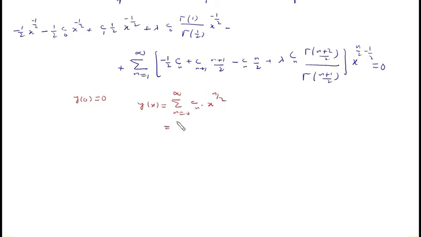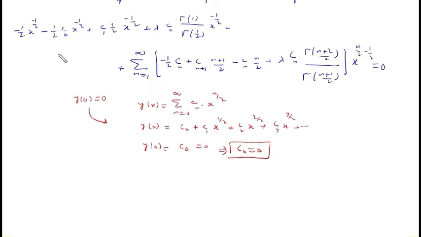If I expand this series, I will be left with c0 plus c1 x to the power 1 by 2 and then c2 x to the power 2 by 2 and then c3 x to the power 3 by 2 and plus so on. This is y of x. Using this condition, I will put x equal to 0 in this series, and since x is 0, all the terms will become 0 except the first term, and since y of 0 is equal to 0, that means the value of c naught is 0.